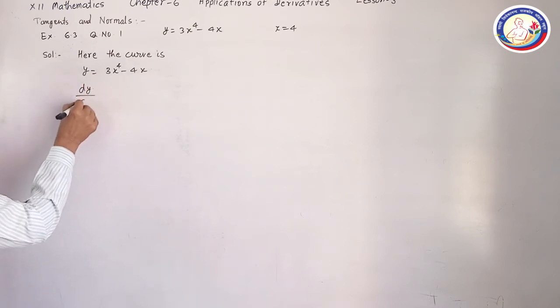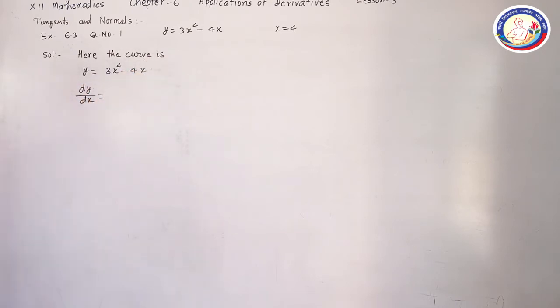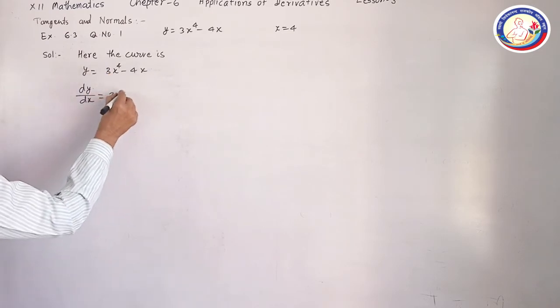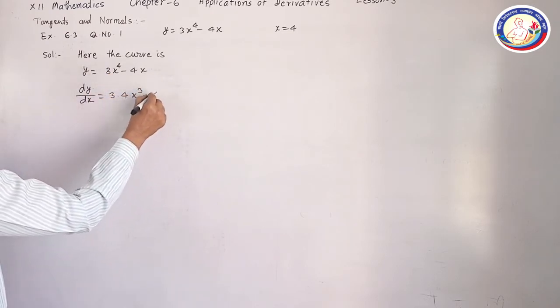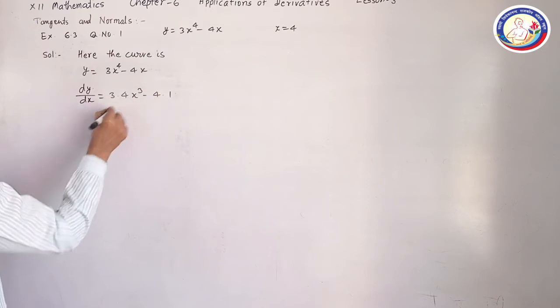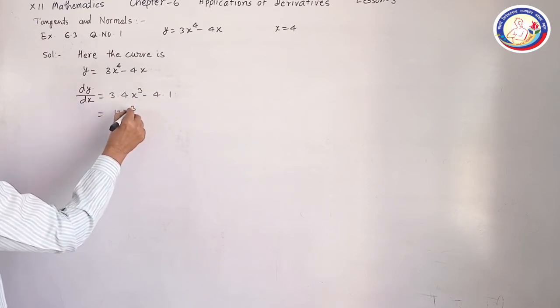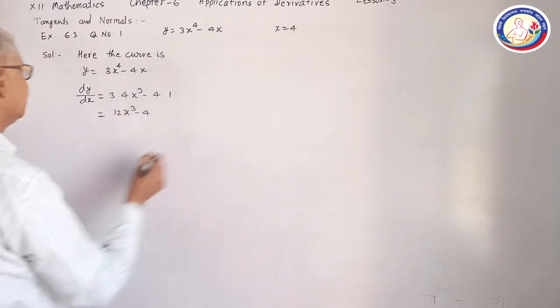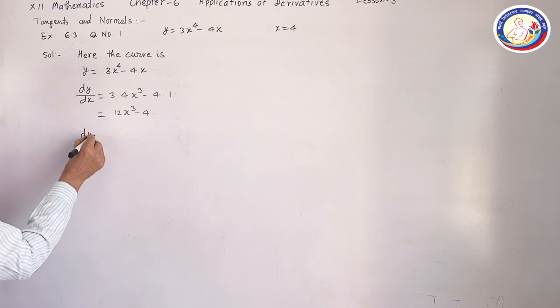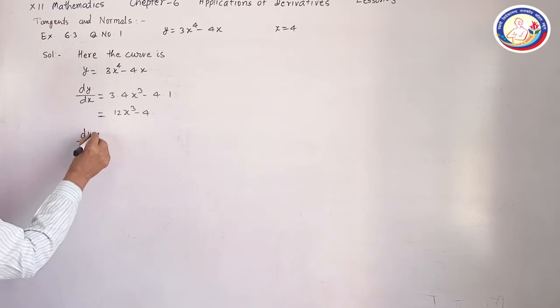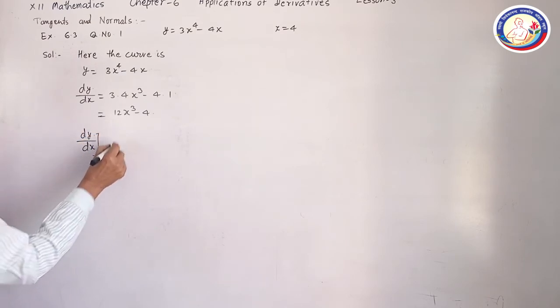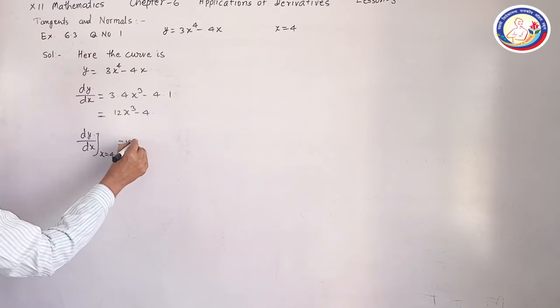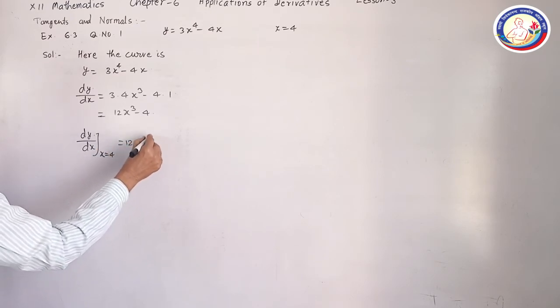The derivative of y with respect to x, I am writing directly, is 3 into 4x cube minus 4 into 1, that is 12x cube minus 4. And we want to find the slope at x equal to 4, so at x equal to 4, that will be 12 into 4 raised to power 3 minus 4.